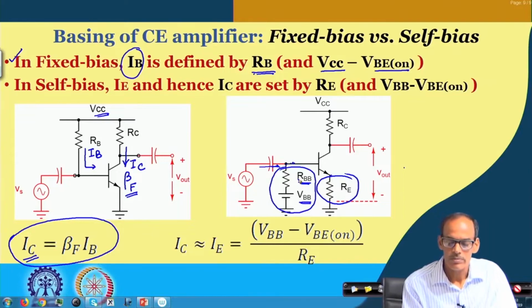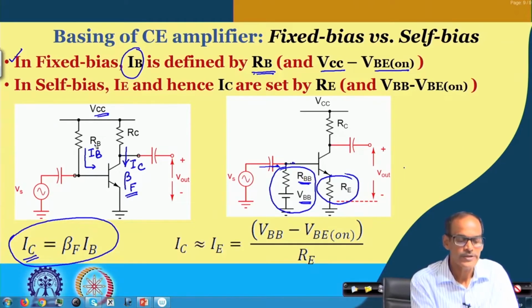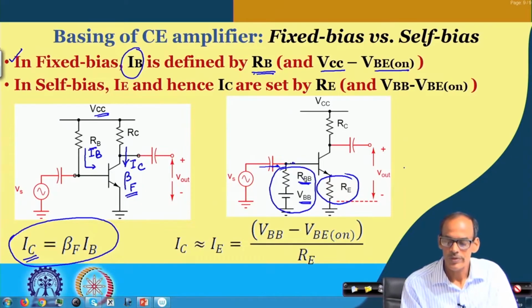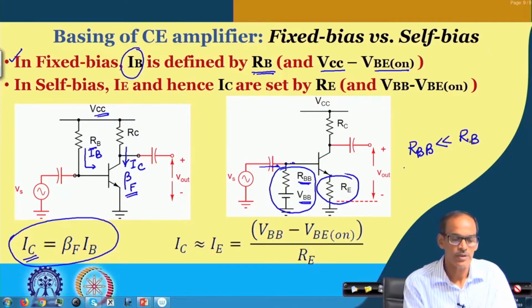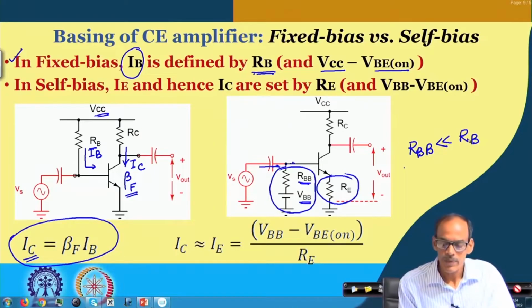So, even if we consider a practical value of VBB and RBB, it is much smaller than the RB we have in the fixed bias circuit.